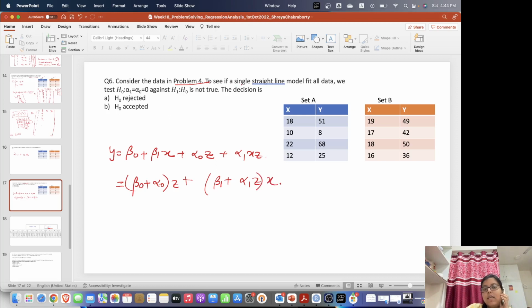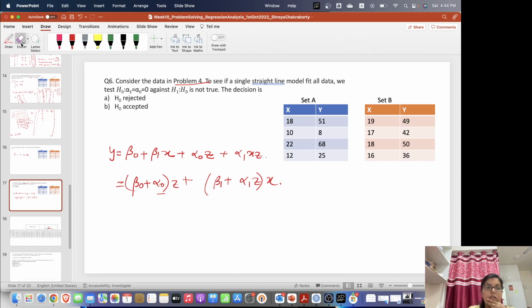So to see if a single straight line model can fit all data, this term and this term should vanish, and they will only vanish when both are set to 0. Only then will this z variable not have any contribution, and the regression lines will not be different for the different sets.